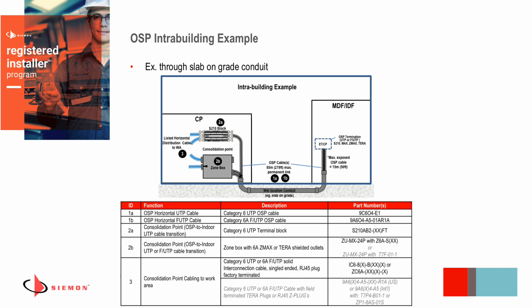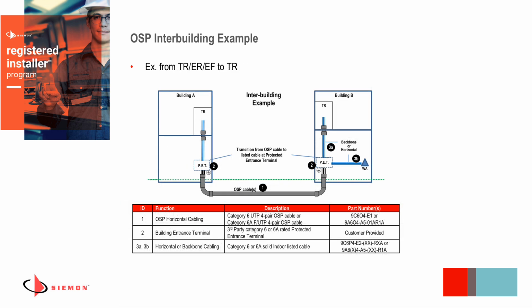But that's an application within a building where you would see an OSP cable used. Now, when we talk about inter-building cables, which is cables between two buildings, that's another example where OSP cable would be used. In this case, it's shown maybe in conduit or underground, but it could be deployed in an aerial environment or direct buried or anything that we've talked about in the previous slide.